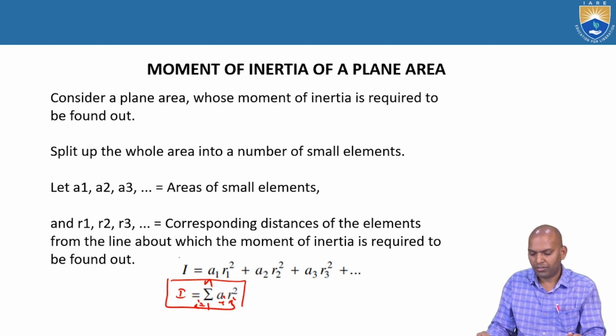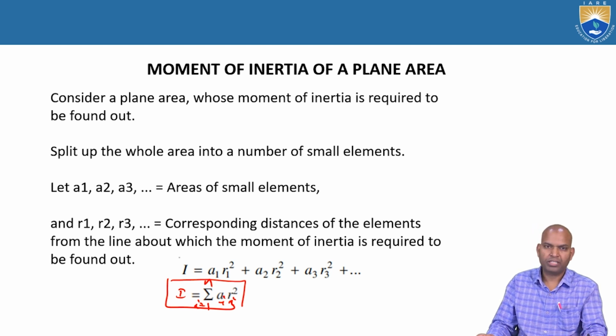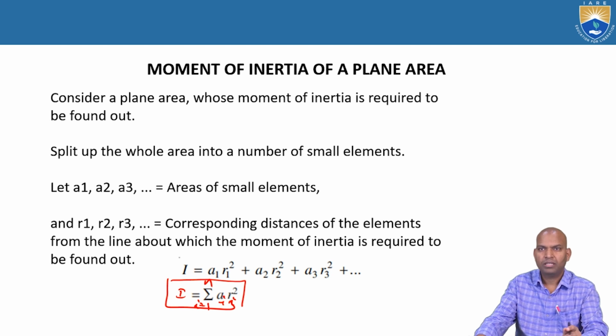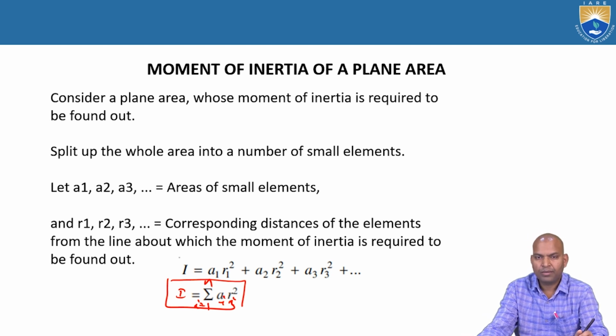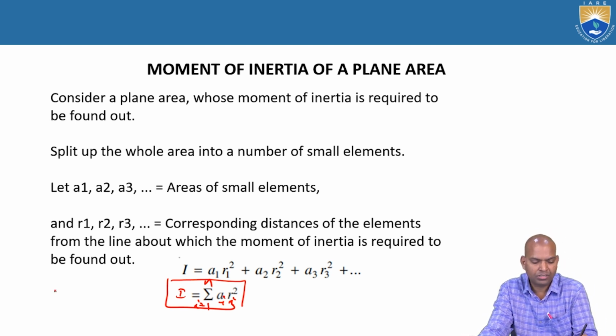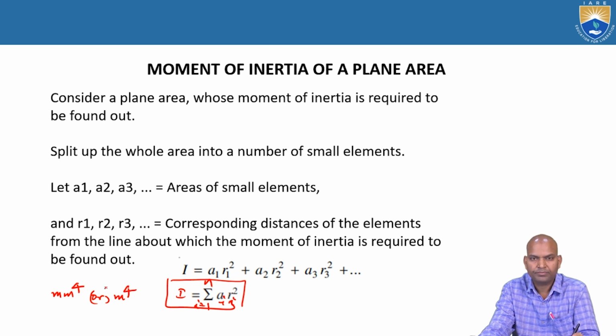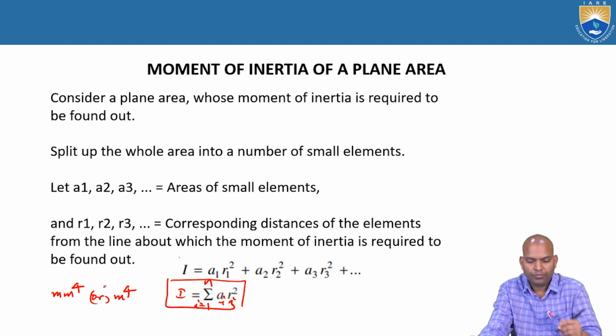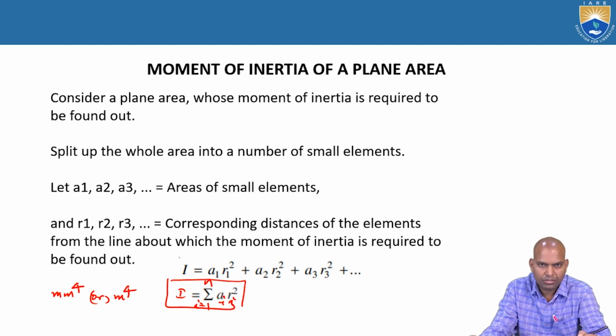So what about the unit of moment of inertia? Here it is the area moment of inertia, and its unit is mm to the power 4 or meters to the power 4. Broadly, moment of inertia is of two types: mass moment of inertia and area moment of inertia.